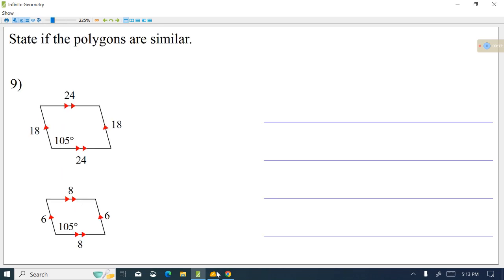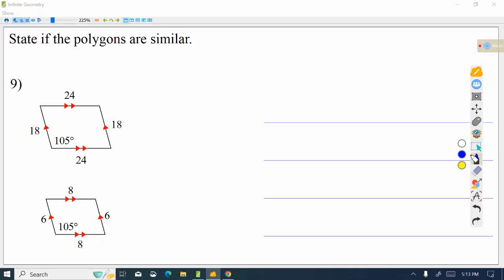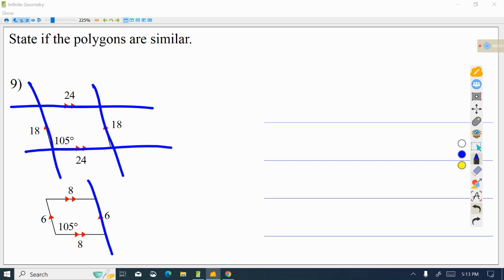In this case, we're extending our definition to polygons. We won't talk about it too much, but we have to at least introduce the idea. Similar polygons are just like similar triangles. They have to have that same definition. We have to have all of our angles the same, and we can see because these are parallelograms, these lines continue moving. We have them extended.